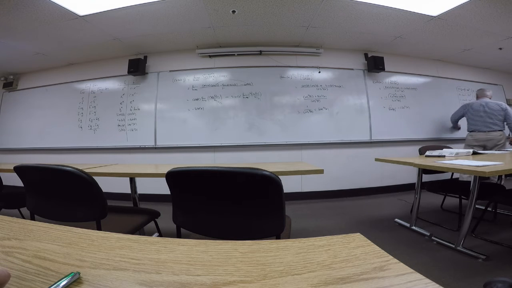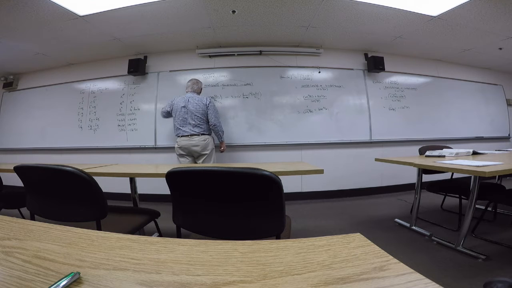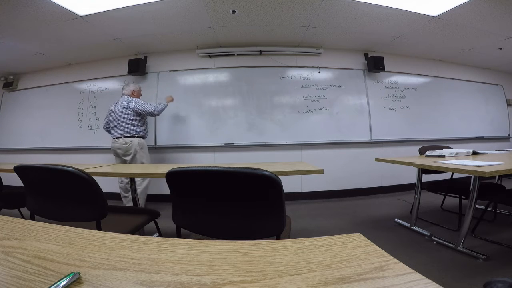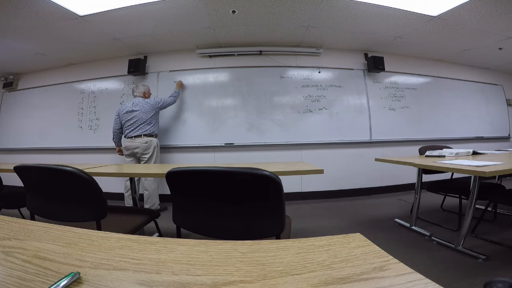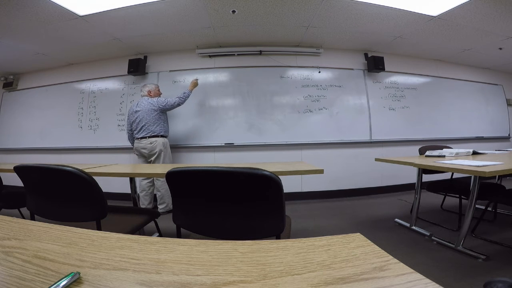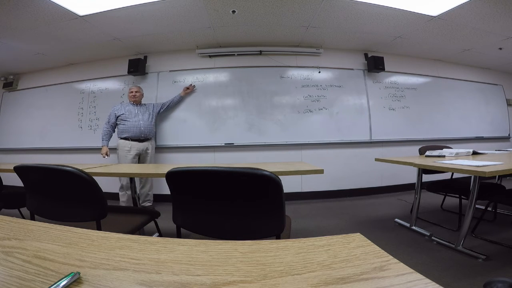I'm going to erase this now, but I'm going to move back to the center board. How about the secant of x? The definition of the secant x is the reciprocal of the cosine of x. I'll take the derivative of this as a quotient.